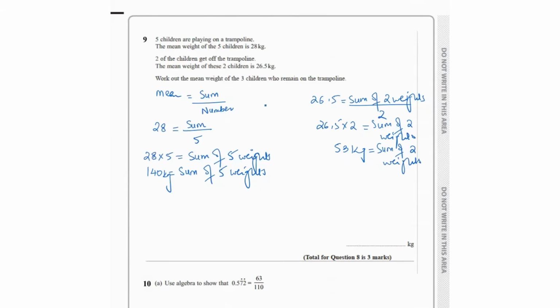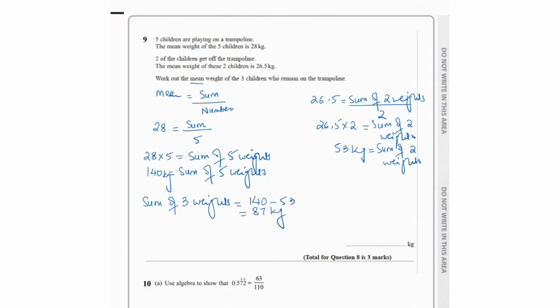Now to find the sum of the weights of the 3 children, we will subtract these two: 140 minus 53, and that is 87 kgs.